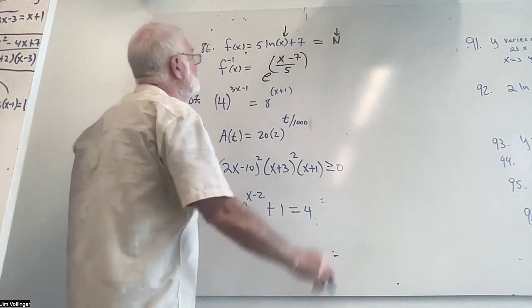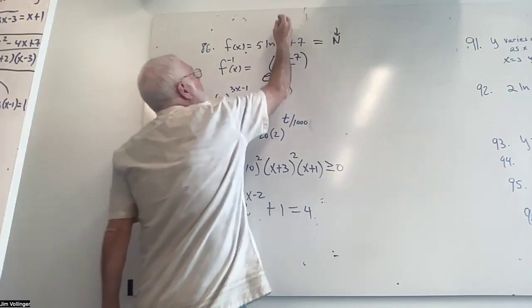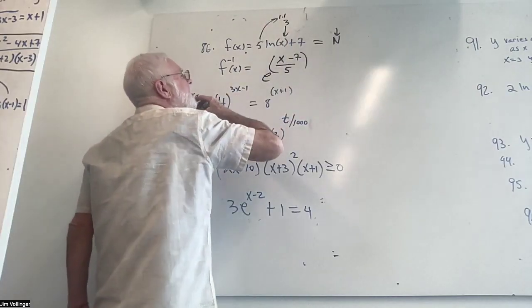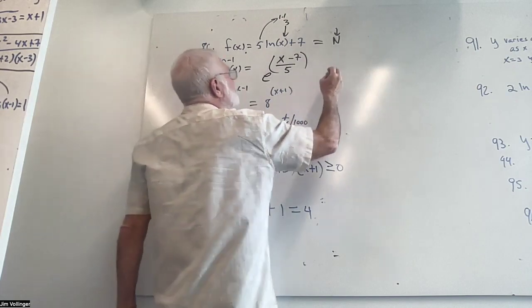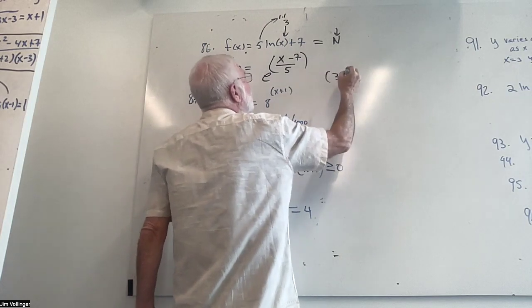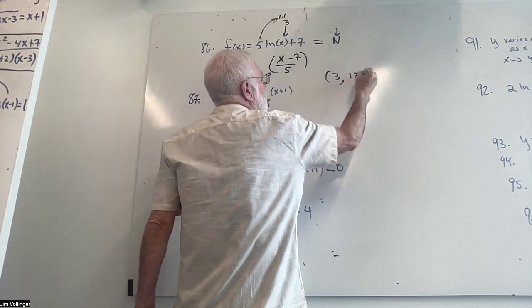How do I check if this is right? Pick a number that's easy. How about 3? ln of 3 is approximately 1.1. 5 times 1.1, 5.5 plus 7 gets me 12.5 approximately. So I put in a 3 and I got approximately 12.5.